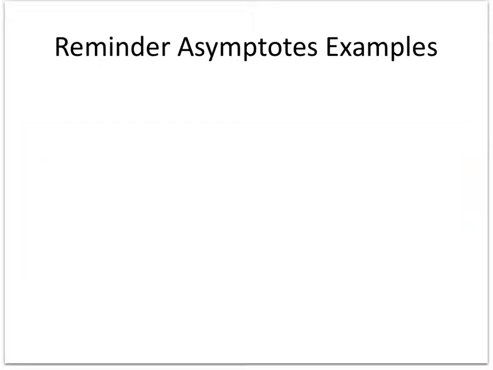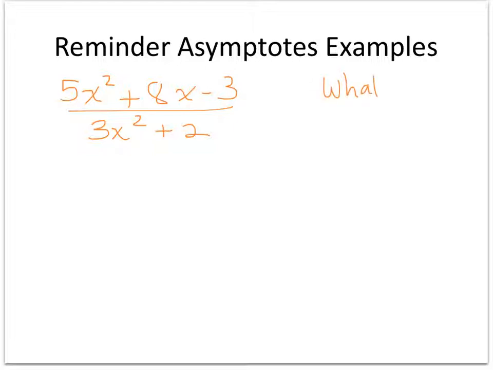All right, so let's see if you remember some things with asymptotes. If I have 5x squared plus 8x minus 3 all over 3x squared plus 2, for those of you that remember right away, what's the horizontal asymptote? Remember the little trick? What is it?